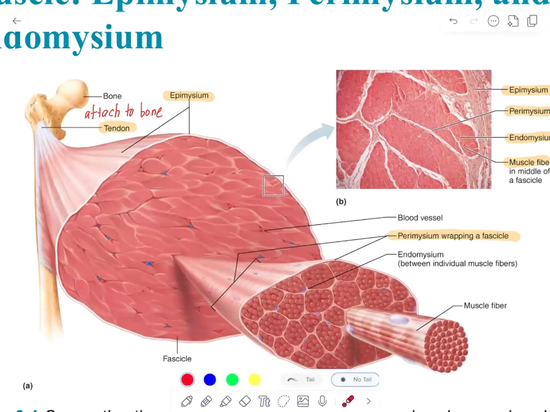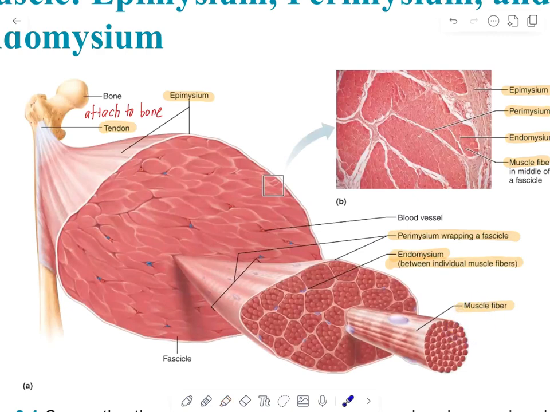So this group right here, for example, is a group of muscle fibers called a fascicle. And the endomysium is then found in between muscle fibers. So this is one individual muscle fiber shown here at the bottom.